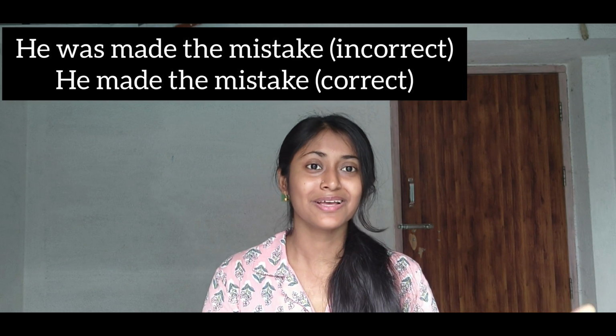You just have to use the subject, then the past form of the verb, and then the object if it's suited. So be careful. Sometimes you must have heard people say, she was repeated the mistake, or he was made the mistake. That is not at all grammatically correct. You should rather say, she repeated the mistake, or he made the mistake, or I swam across the pond.